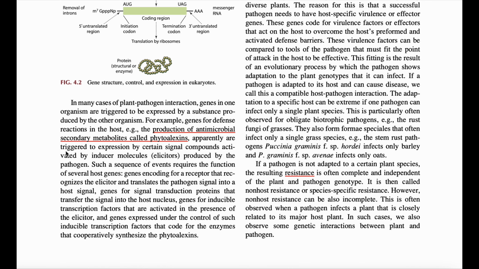These are apparently triggered to express by certain signal compounds activated by inducer molecules, which are elicitors produced by the pathogen. These terms, elicitors and effectors, are very important and normally get confused, but it is very important when we study host pathogen interaction or the defense mechanism in plant cells against attack by any pathogen, right?